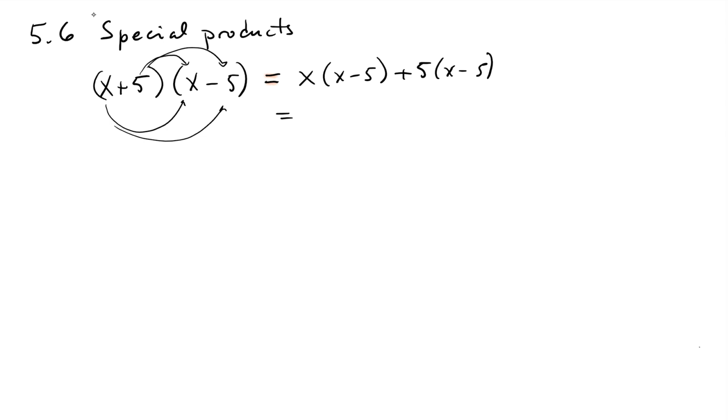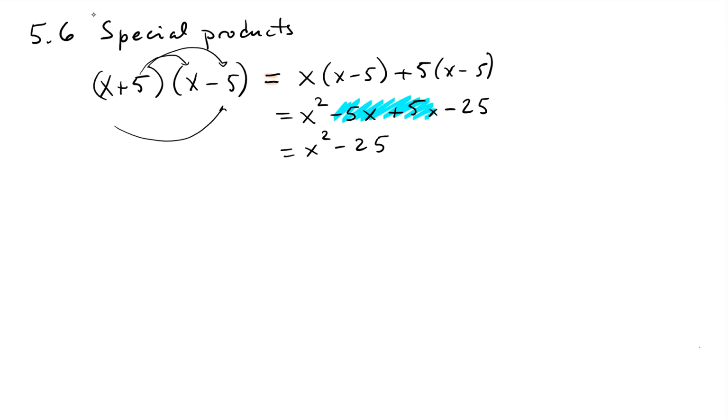So x times x is x squared, x times minus 5 is minus 5x, 5 times x is 5x, and 5 times minus 5 is minus 25. By regrouping like terms, these terms cancel out, and I'm just left with x squared minus 25.